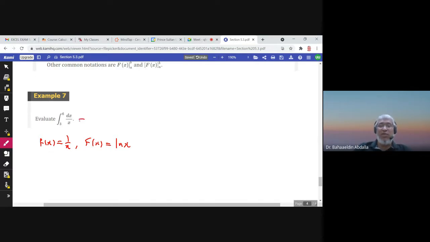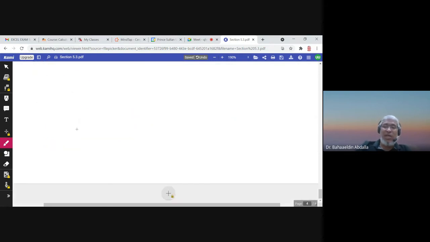So the answer would be ln x from 3 to 6. This is the notation we just wrote. So the answer would be ln, you replace x by 6, minus you replace x by 3. This is f of b minus f of a. If you remember, ln y minus ln x is ln y over x. So we can write it as ln of 2. So the answer of this integral is ln of 2.